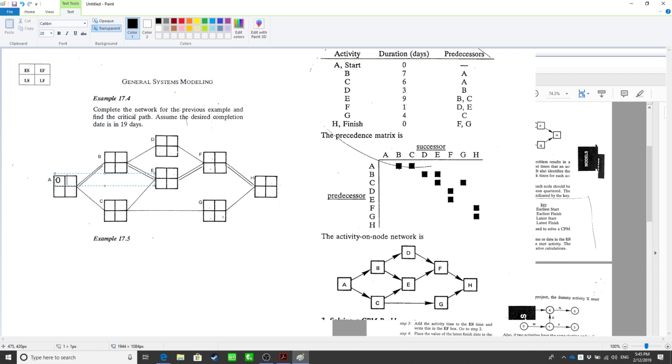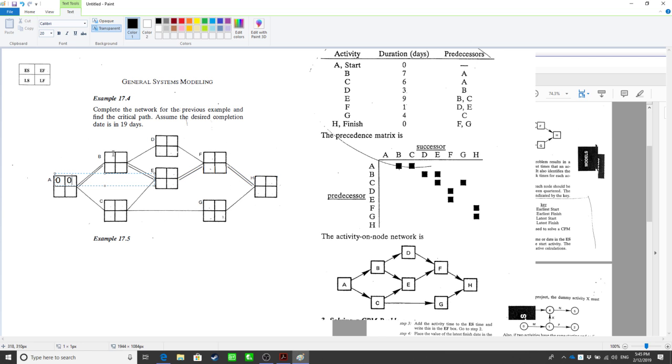The duration is 0. The earliest finish time equals the earliest start time plus the duration. So earliest start time is 0, duration is 0, so earliest finish time is 0. That's a special node for the start, okay?